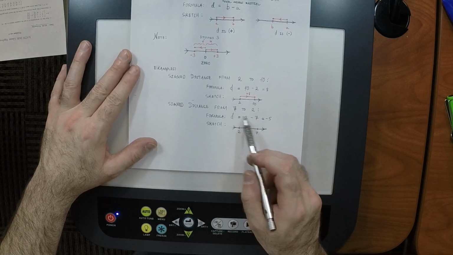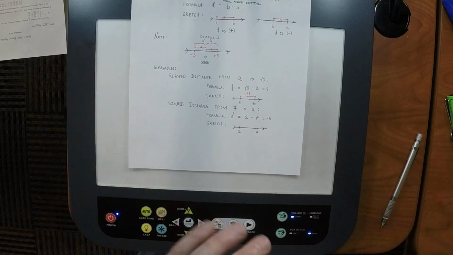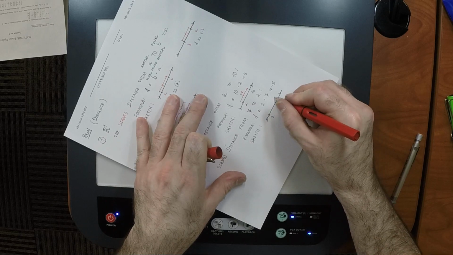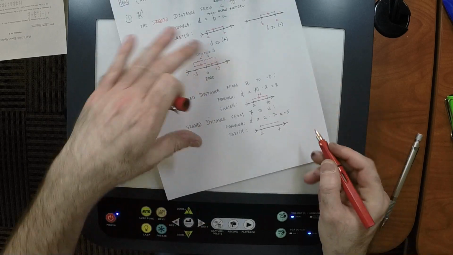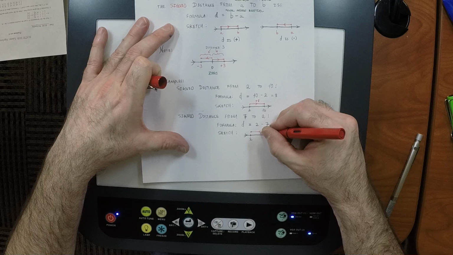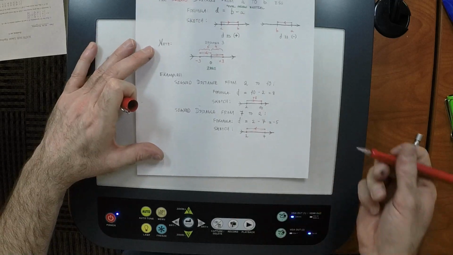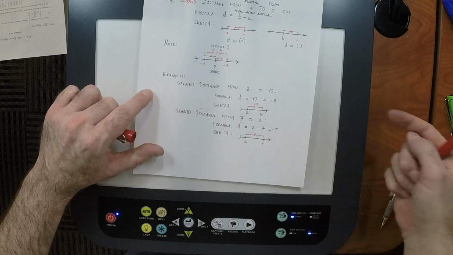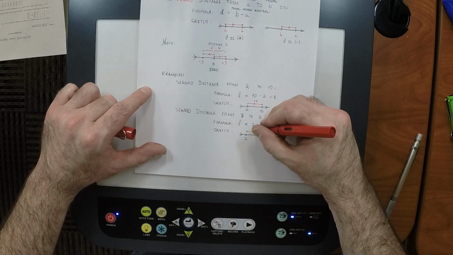From 7 to 2, we start at 7, and then we travel to 2, and the direction of travel was like this. The length of that thing that I just drew has length 5, and because it's going against the world, we're calling that negative 5.